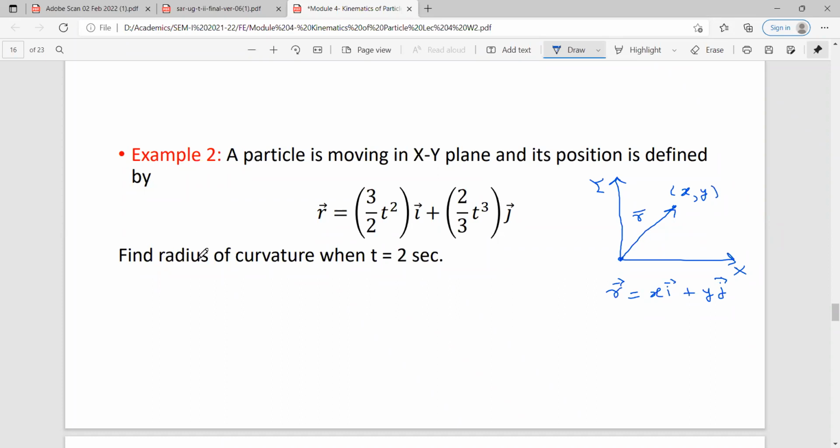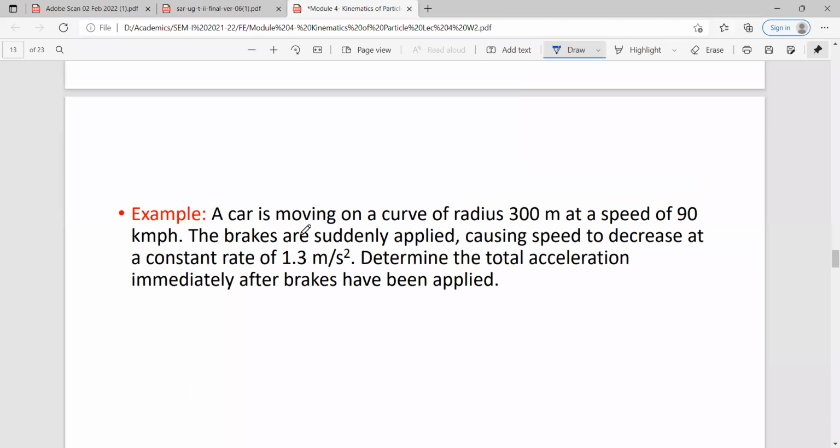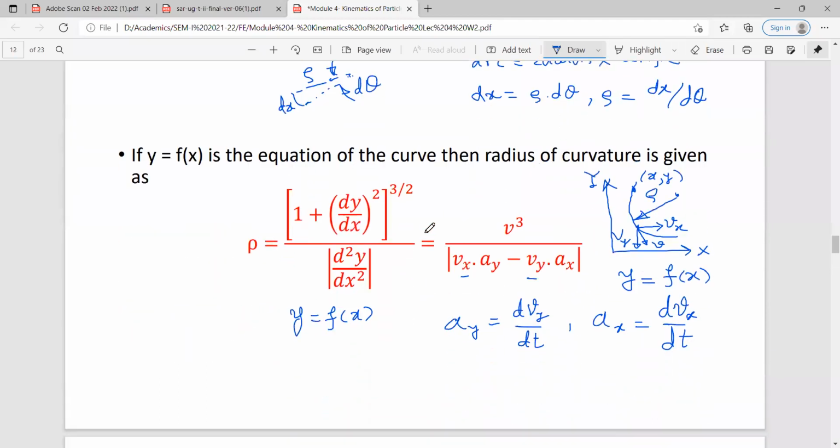Next, it is asking what is the radius of curvature when time is equal to 2 seconds. As it is asking us to find the radius of curvature, we will assume that the particle is moving in a circular path. And the formula of radius of curvature you should know. So what is the formula of radius of curvature? Yes, see how it is given.